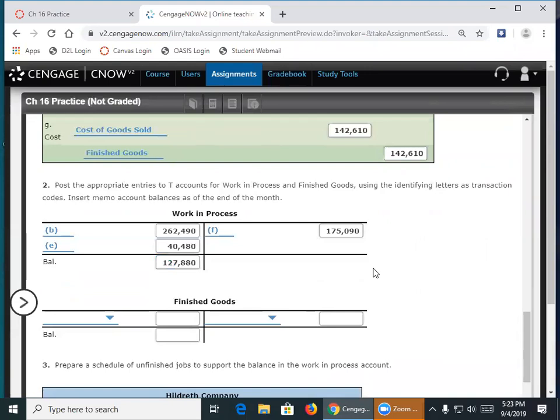And they just have you doing 2 T accounts. Then finished goods, put in F the debit of 175,090, and a credit in G of 142,610.